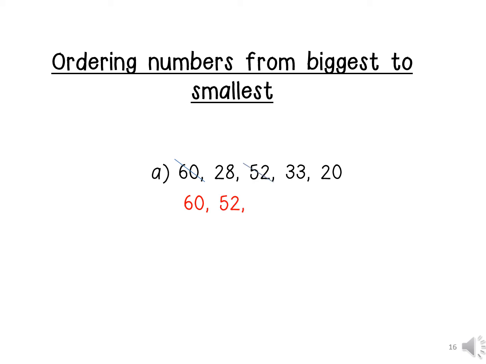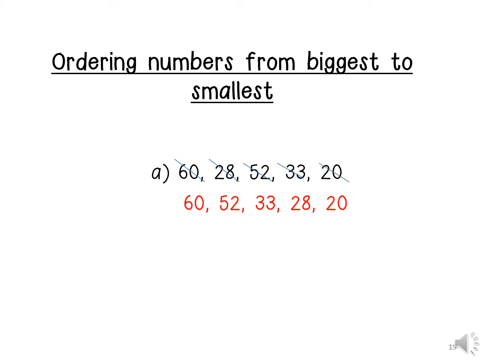The next number is 52. I have scratched out 52 and I wrote it at the bottom. The third number is 33. I have scratched out 33 and I wrote it at the bottom. Now we have two numbers left, which is 28 and 20. 28 is bigger than 20, so I have scratched out 28 and I wrote it at the bottom.